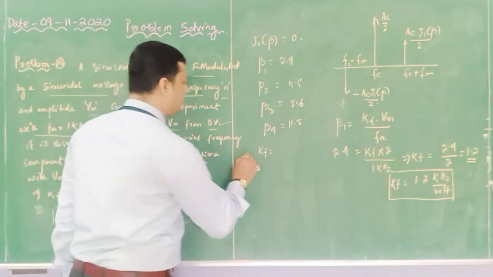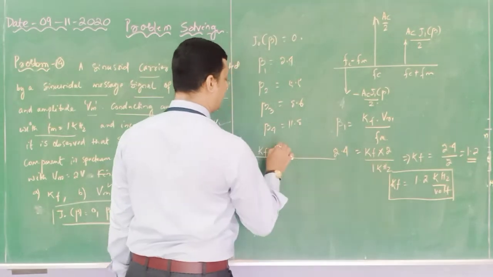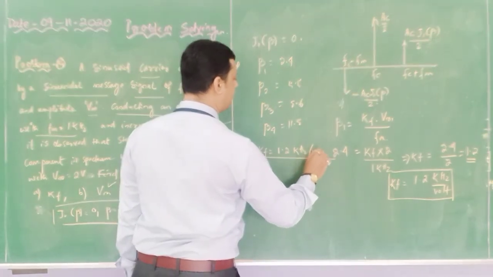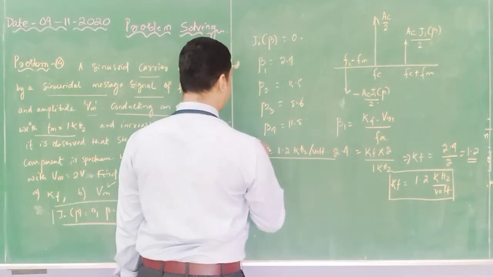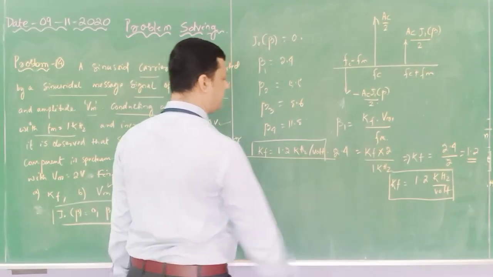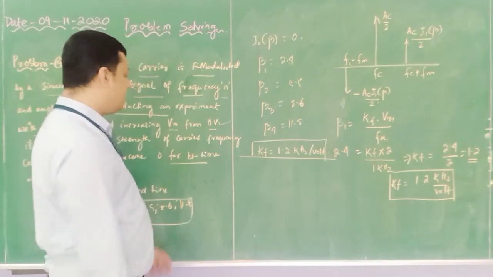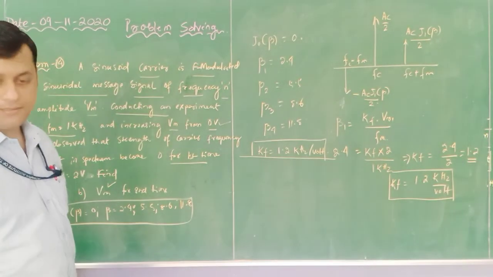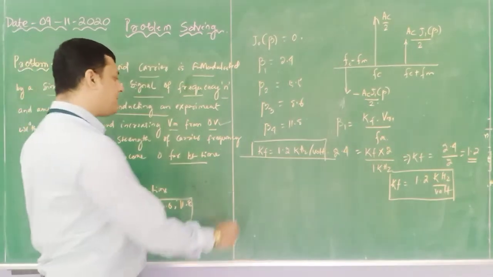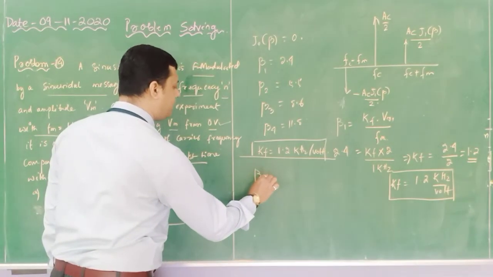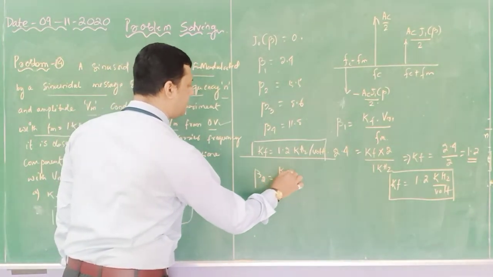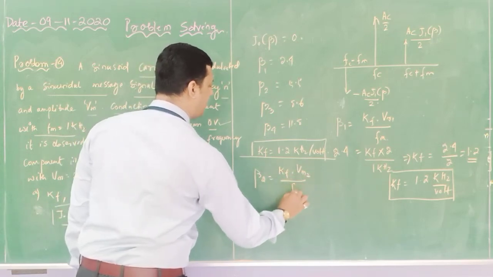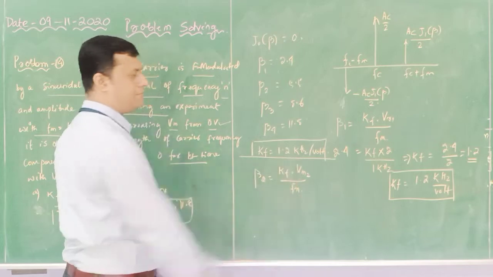Now as Kf is 1.2 kilohertz per volt, this is the answer we have got from this particular relation. Now we need to identify what will be the Vm for the second case. So again I will write beta = Kf × Vm2 / fm.